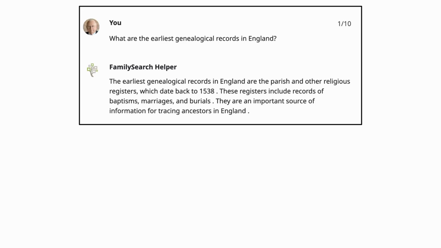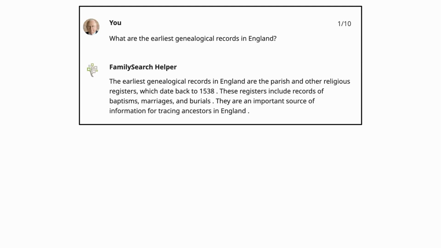So those records began no earlier. Usually, maybe there's a few earlier, but not many. They began primarily around 1538 and later. So that's kind of the common way to answer this question.